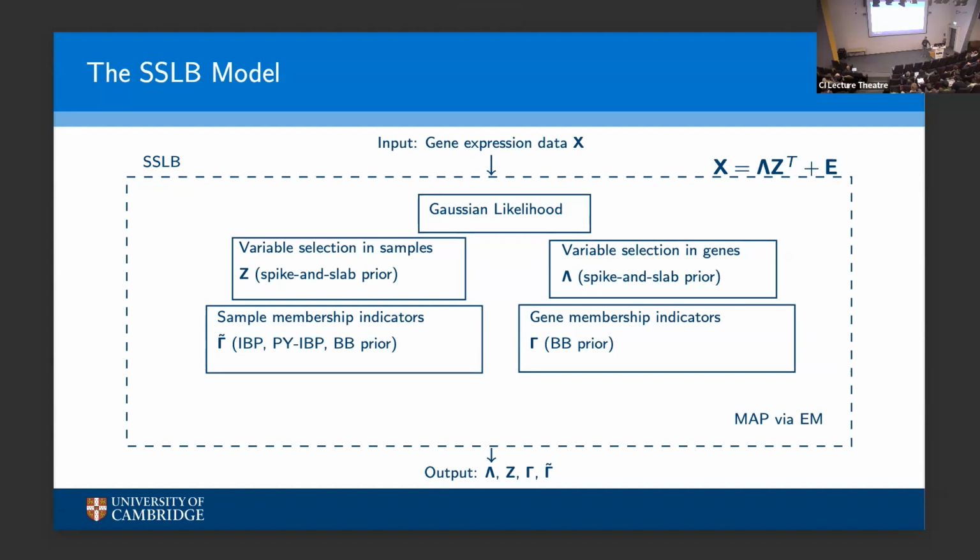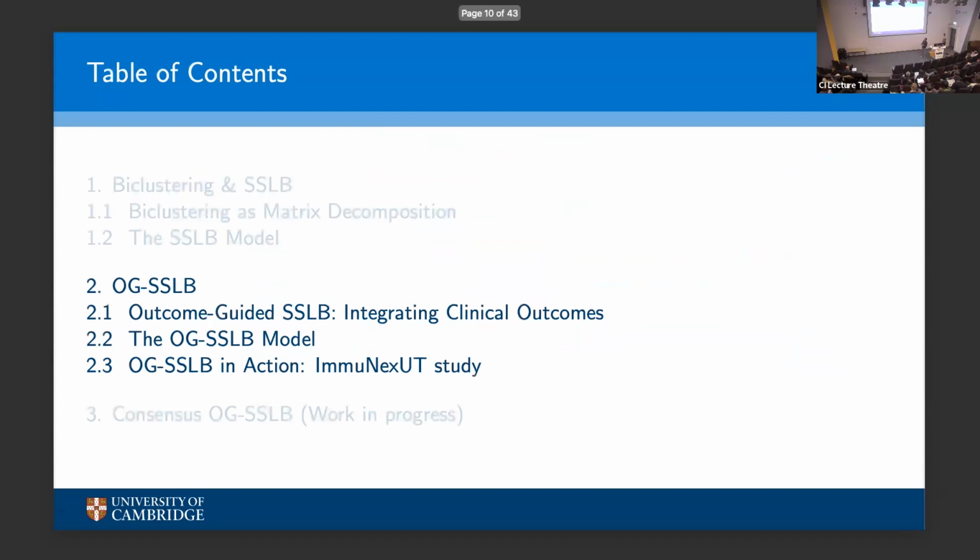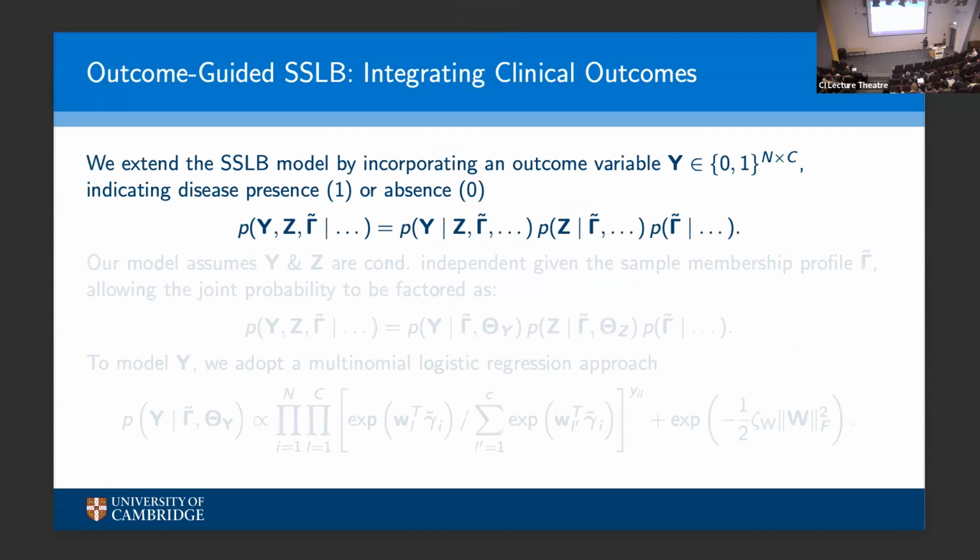So despite the fact that this is a state-of-the-art model, it has some challenges. It still doesn't recover all the interesting structures that we are interested in, and this is when OGSSLV comes into effect. This outcome-guided structure is just extending the SSLV model by incorporating an outcome variable y, which is in this case the disease presence or absence.